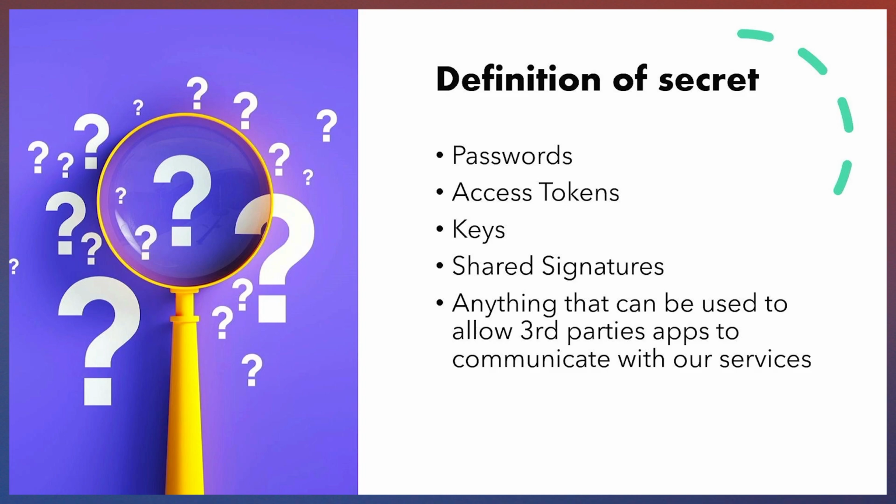So we can have secrets to authenticate ourselves with our banking, or we have systems that need secrets to be able to communicate between themselves. In that case, we usually have a client ID and a secret. How many of you use third-party authentication providers, like signing in with Google or LinkedIn?